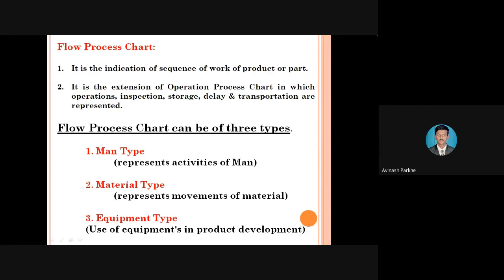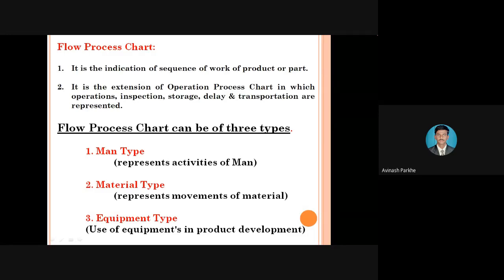In the operation process chart, only two symbols are there: one is the operation and another is the inspection. Each inspection that takes place is represented by the rectangle, and the operations that are performed are represented by the circle. At the center of the symbol, a number like 1, 2, 3, 4 is mentioned, giving the sequence of operations.